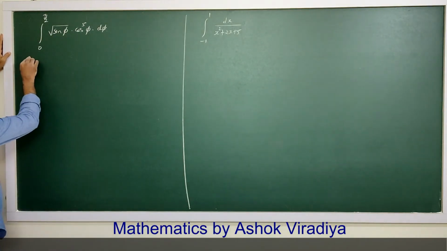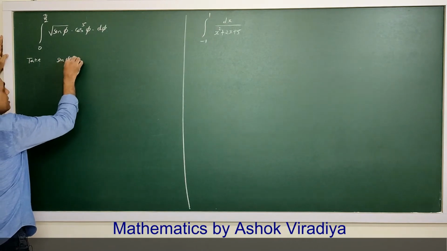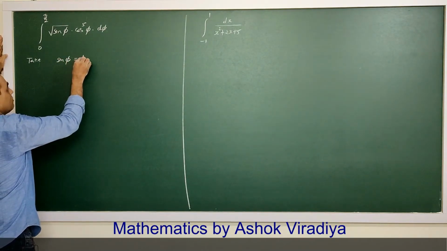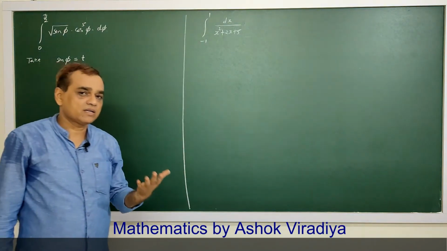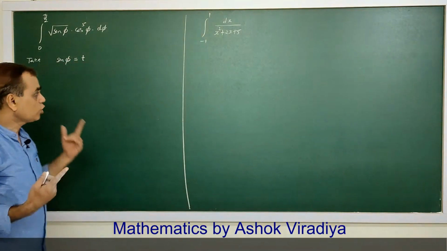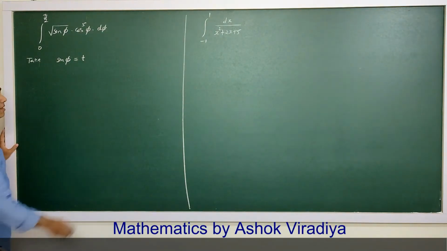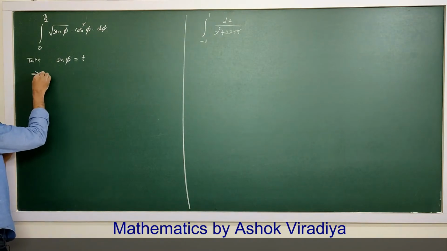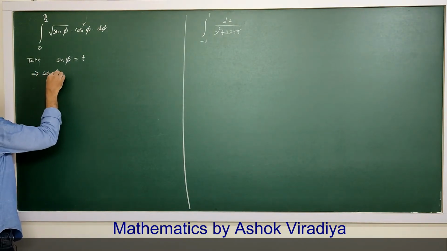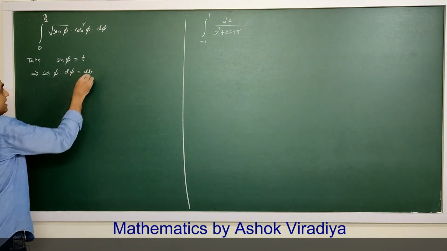Taking substitute sine phi equal to t, you can also take t square, both are allowed. So if we take sine phi equal to t, then cos phi d phi is equal to dt.